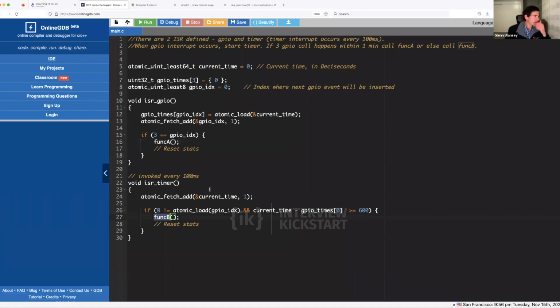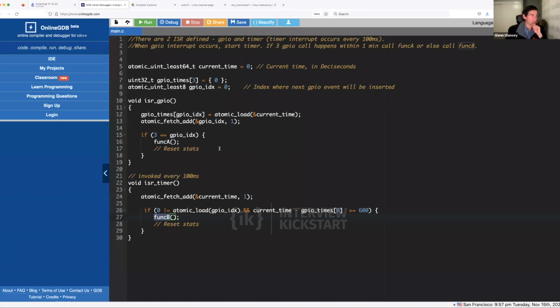So what we need is a way to ensure that either func A or func B is called, not both of them. And my initial thought, and I have to think about this more a little bit, is either we can do some reordering of the atomic operations, and we might be able to guarantee only one or the other occurs after that reordering, or we'll need to use a compare and swap operation to ensure that only one of these two ends up being invoked.